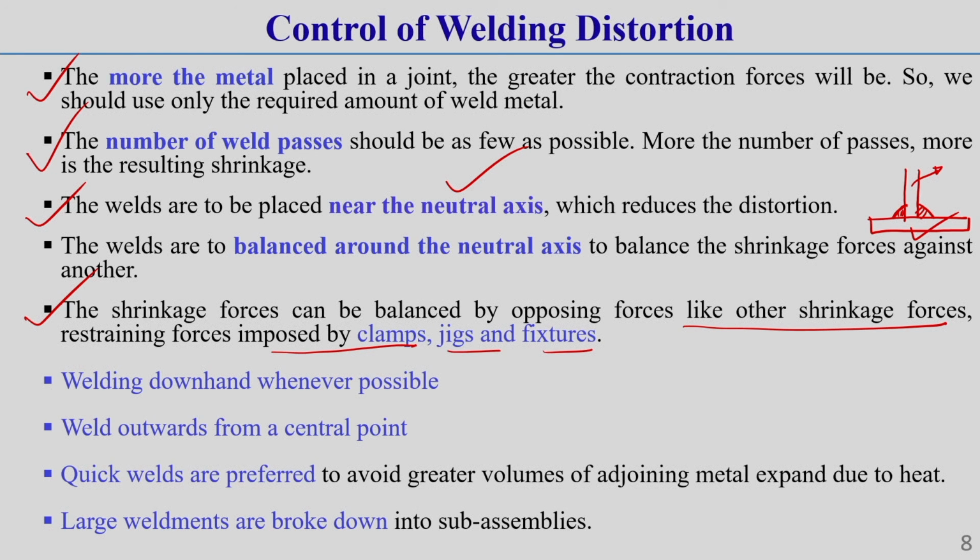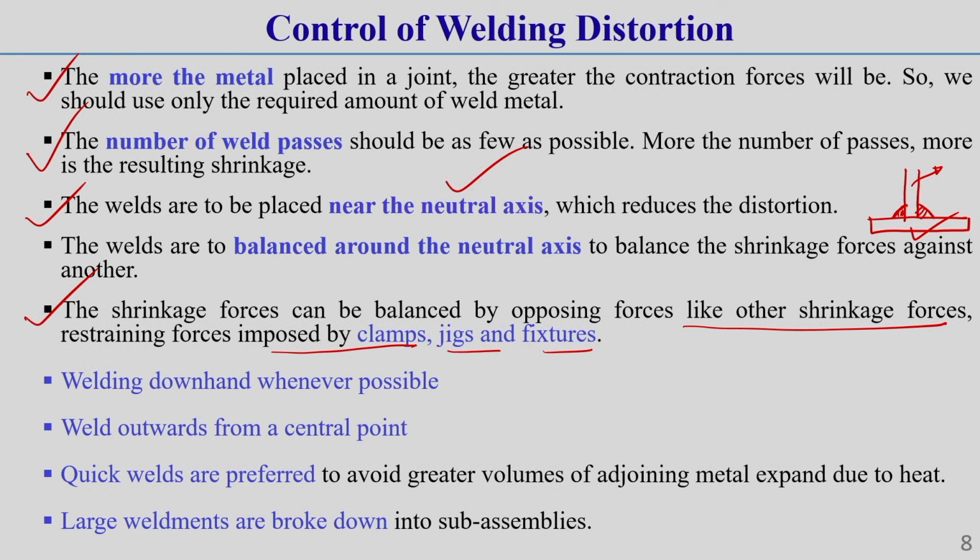So, by using this jig, fixture and clamp, we can control the distortion significantly. But one of the drawbacks of these types of clamp, jig or fixture or restraining is that the higher the restraining in a welding structure, the higher will be the residual stress, which I have already explained in my residual stress lecture.